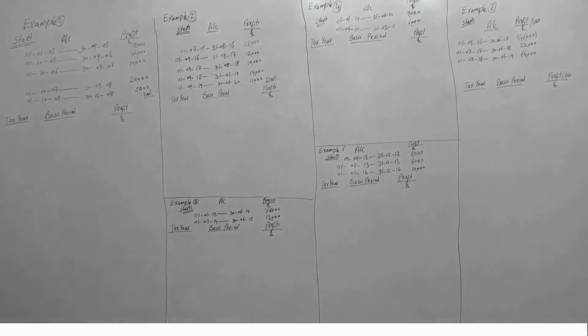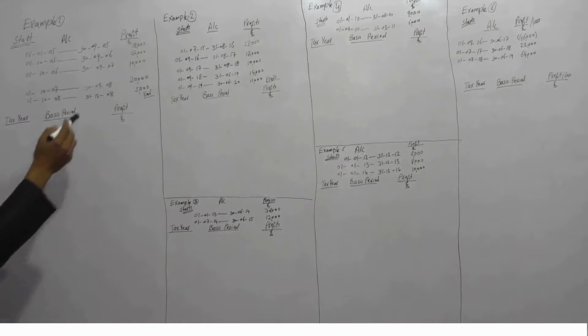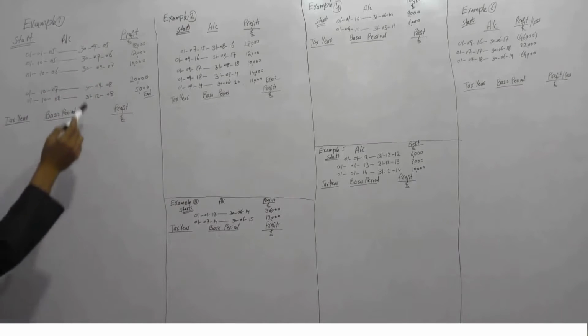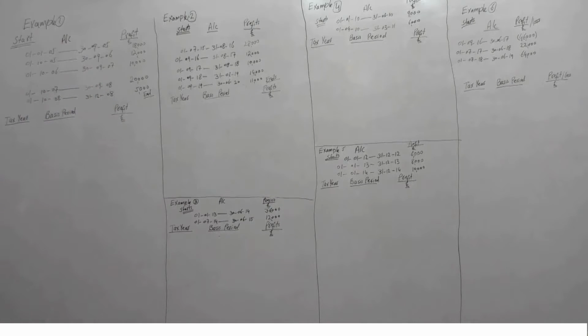If you look at example number 1, it has started its operations on 1st of January 2005, and the first accounting date was 30th of September 2005. Now, this second bit, when the business closes its account, this date is called the accounting date. So 30th of September 2005 is the first accounting date.